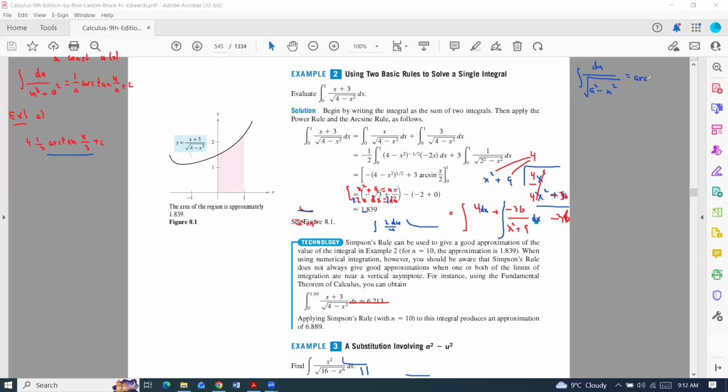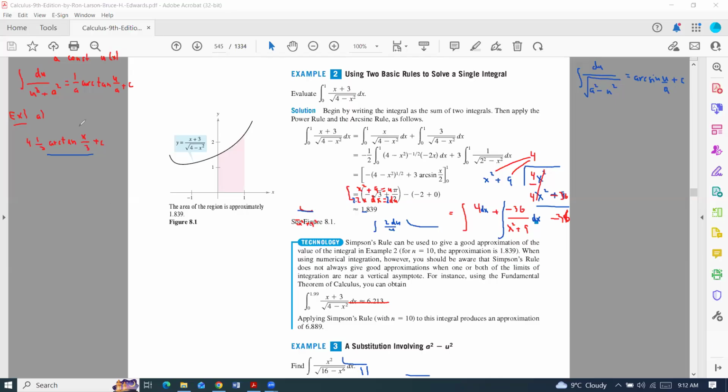So I tried to justify this at the beginning of our class. I know it's already been a while, like almost a month ago. Arcsine of u over a. If a is 1, then it's just over 1, so that's just u, but over a in general.